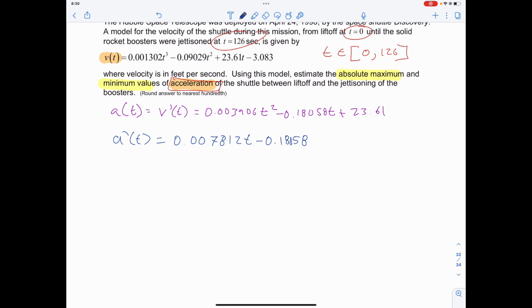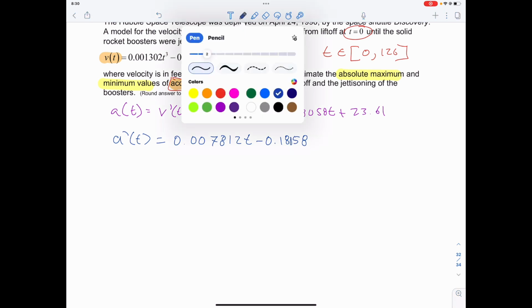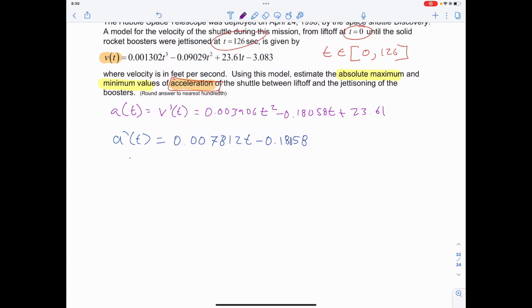Which means that if this is going to give me, for the critical number, 0 is equal to this, then t is going to equal 0.18058 over 0.007812.